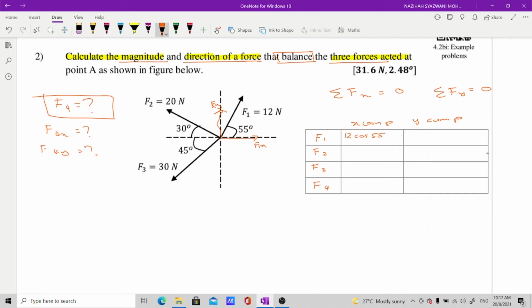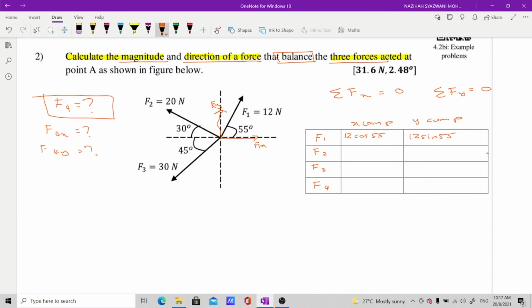For the F1 Y component, since the angle is between the X axis and the resultant vector F1, Fy would be 12 sine 55. Since the direction is upward, it is a positive value.